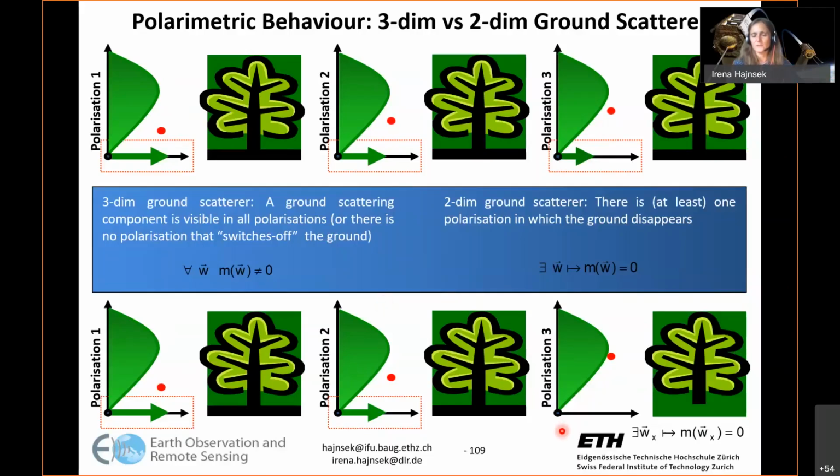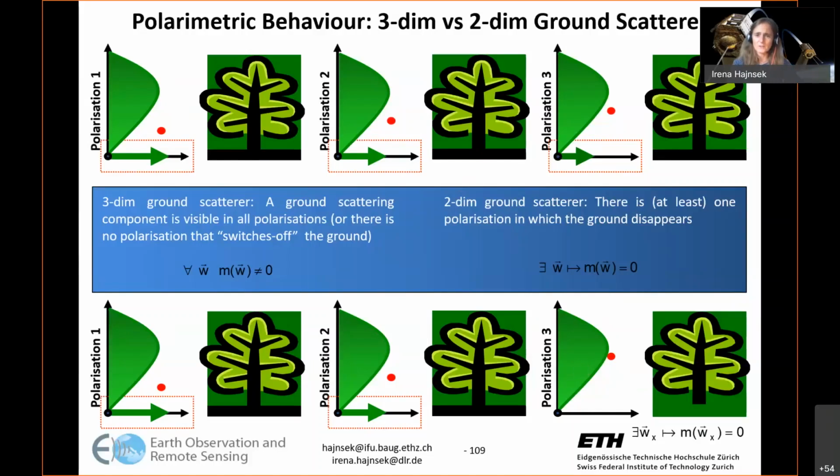You can try to find the polarization which has a minimum ground contribution, and this is called the two-dimensional ground scatter, where there is at least one polarization in which the ground disappears completely. This would be a condition where you have really only the volume as the main f of z contribution. So this would be the ideal case.